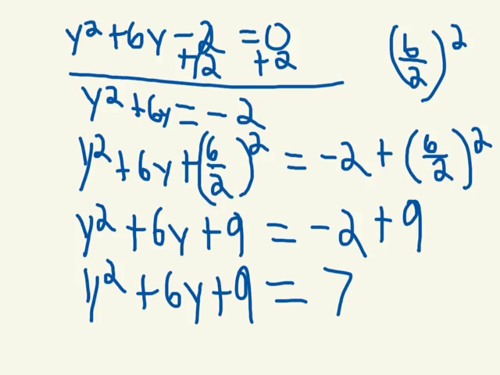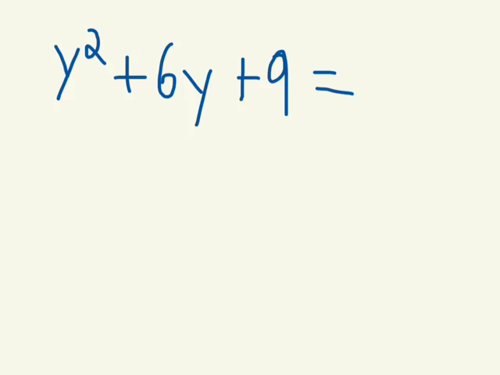Our next step is to factor. And what we're going to do, it would be y plus 3, and we are left with y squared plus 6y plus 9 equals 2 plus 9.